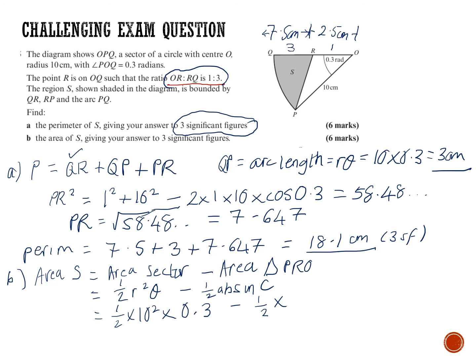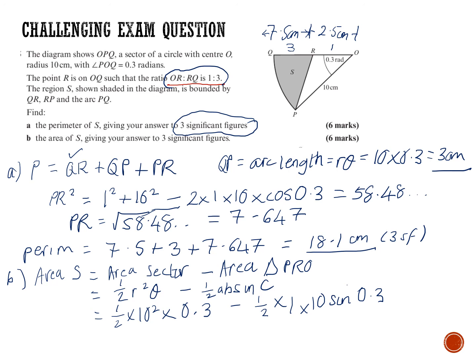The 2 side lengths are different. So one side length is 1, one side length is 10, and remember you use the side lengths that make the angle that you put in the sine part.